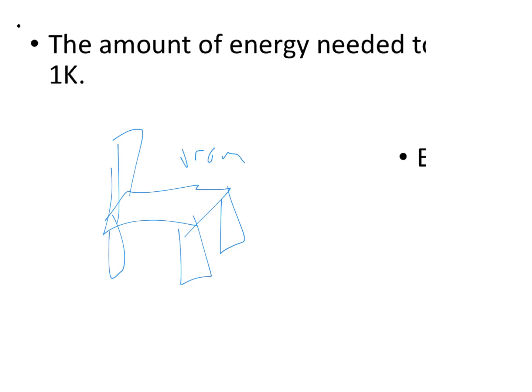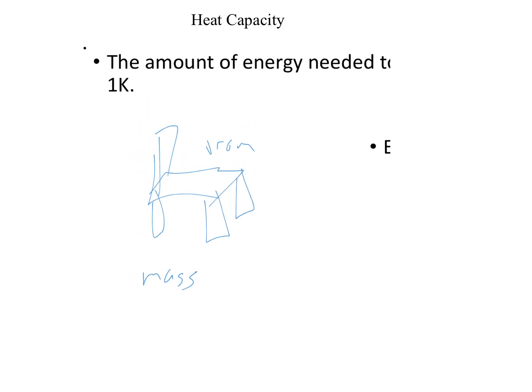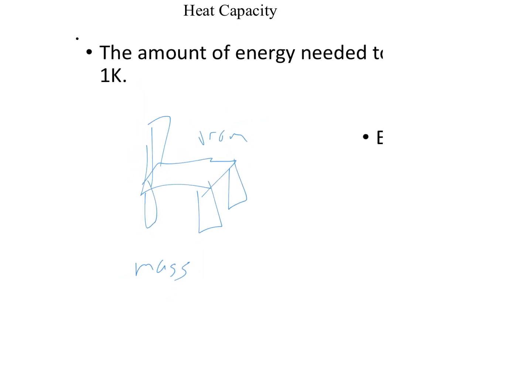So you might be interested in specific heat capacity because that has to do with mass and it's more about the overall substance. But realistically, if you worked in an industry and you were dealing with a particular product, you'd probably be more interested in how much energy is required to heat up your chair by 1 degree Celsius. Not just a kilogram of that substance, how much energy do you need to heat up this chair? So heat capacity really ignores the mass part.